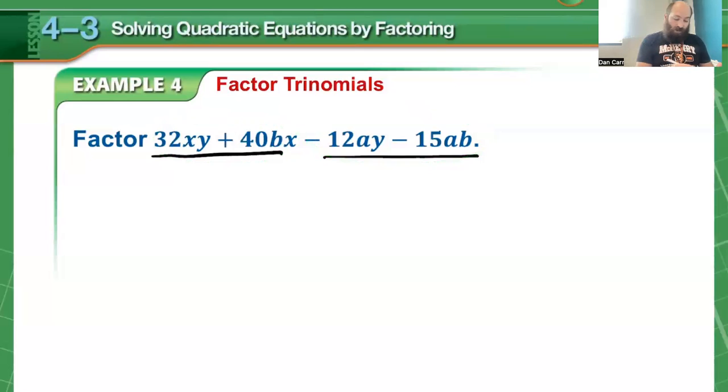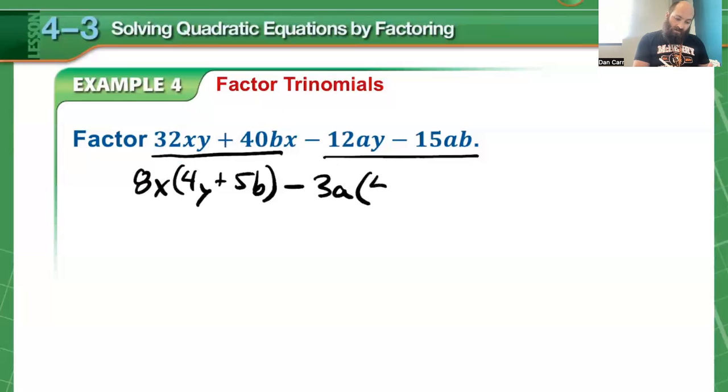So 32 and 40 have 8 as a GCF, and xy and bx have an x as a GCF. So what's left is 4y plus 5b. That's me factoring 8x out of both of these terms. From negative 12ay and negative 15ab, we could take a negative 3 out, and we can also take an a out.